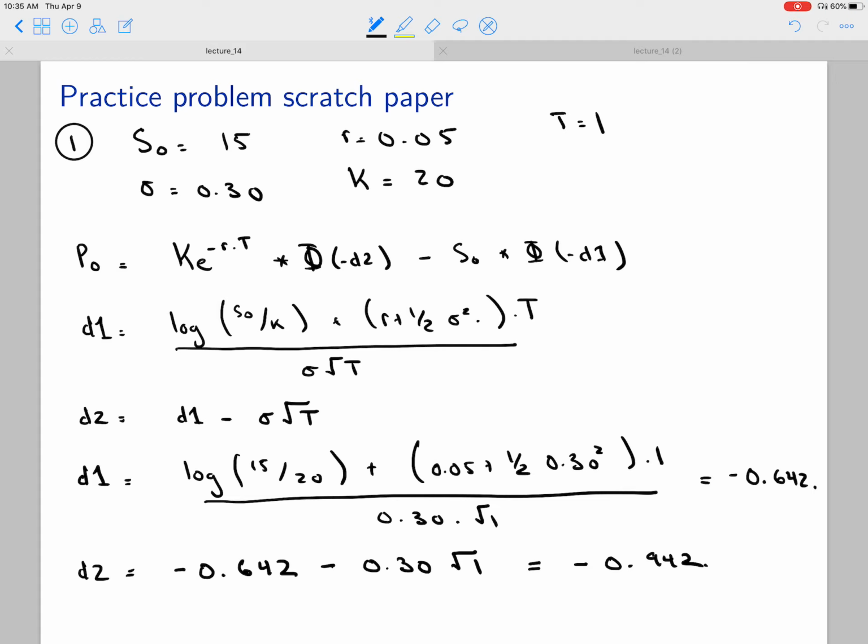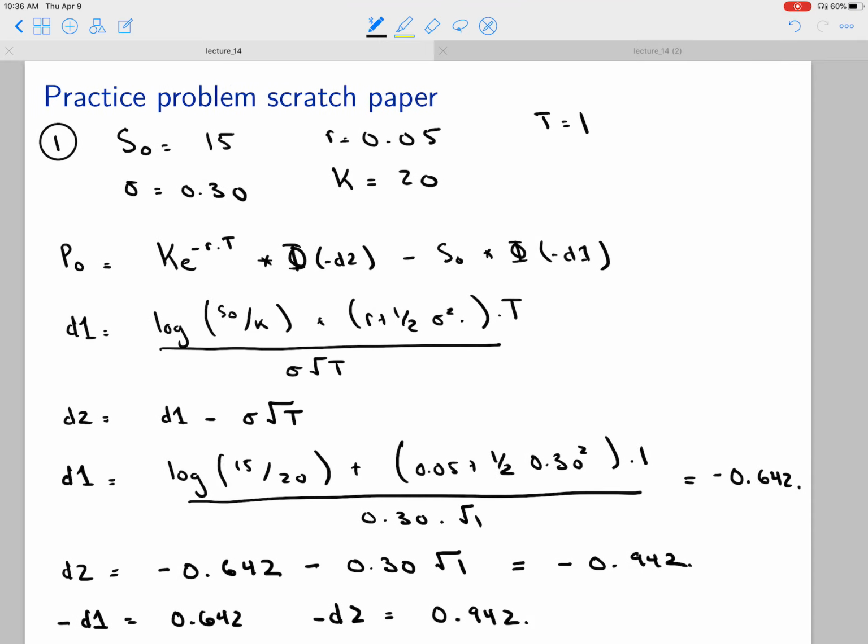Okay. We have D1, D2. Our formula is actually going to use the opposites of these, so let's just calculate them out. Negative D1 is just negative 1 times D1, 0.642. Similarly, negative D2 is equal to 0.942. Check on your Excel.